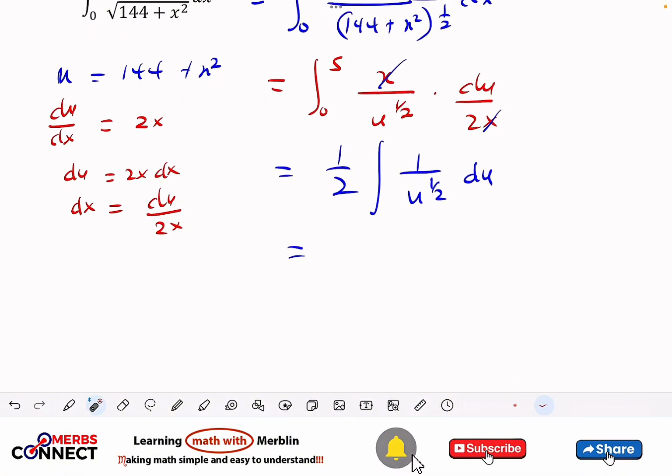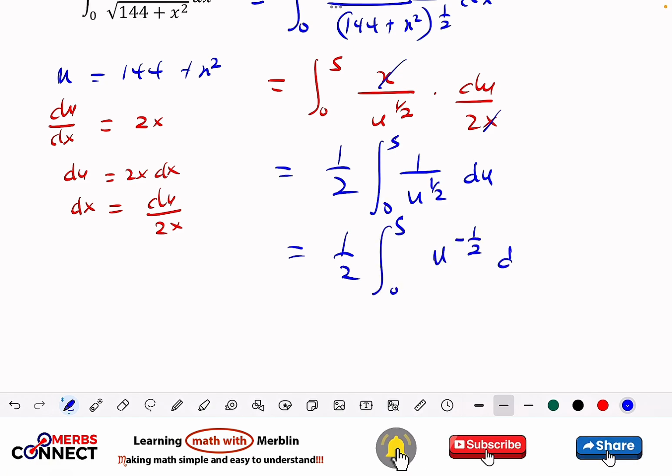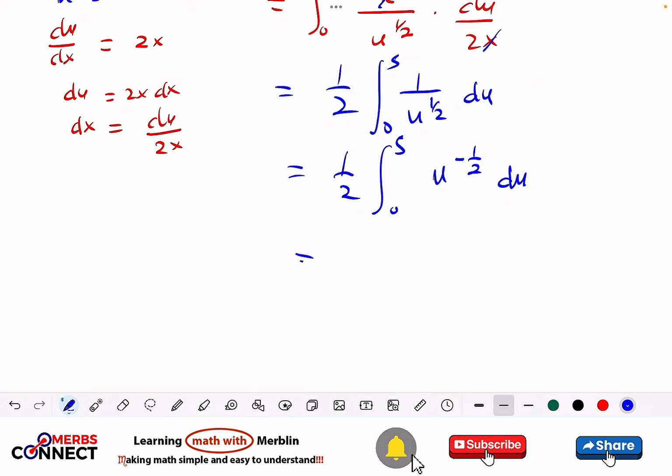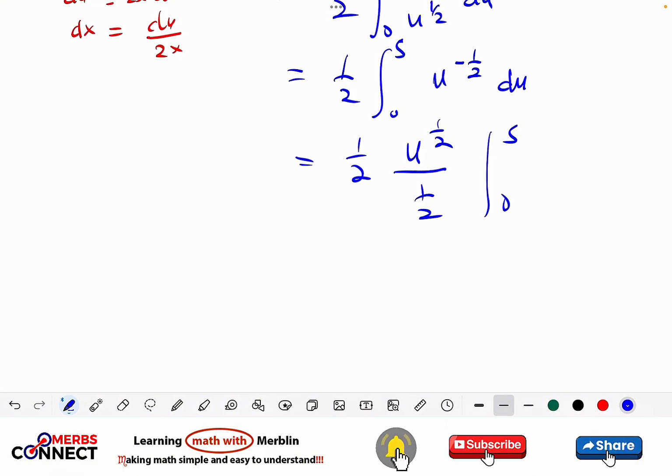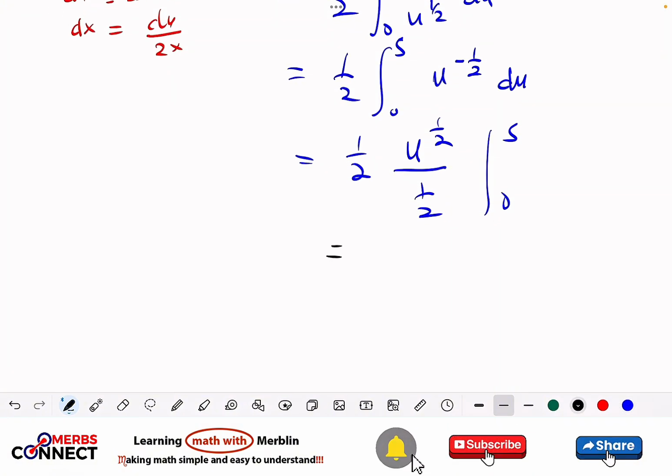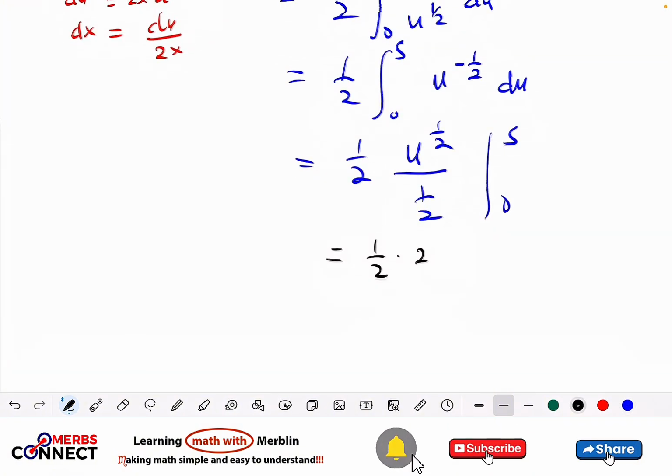And since this is not 1, we need to move it up and have it of the form u to the power minus 1 over 2 du. Integrate that, and we are going to have 1 over 2. This is u to the power half divided by half, because we are adding. So from 0 to 5. Simplify this, and this is 1 over 2 times 2.